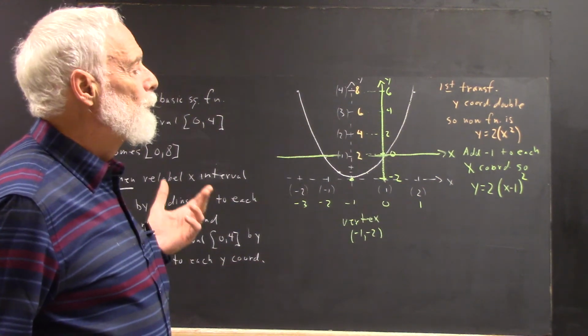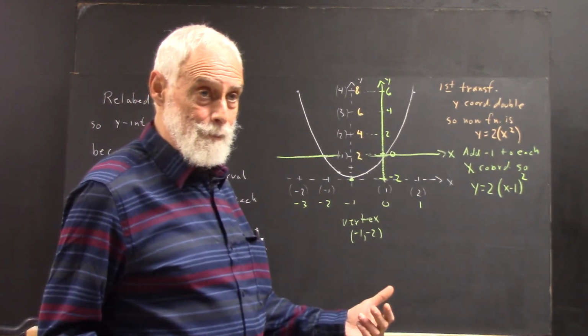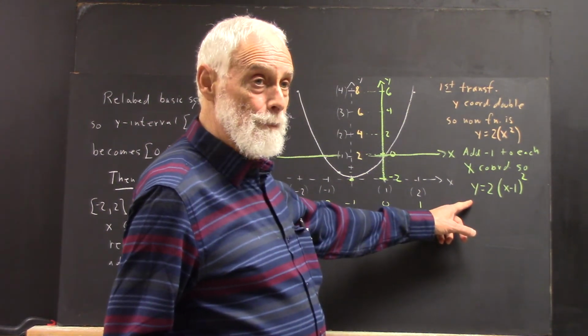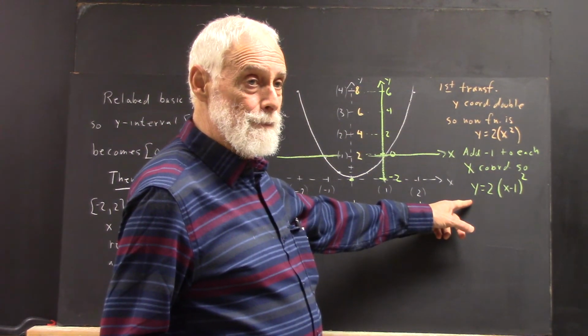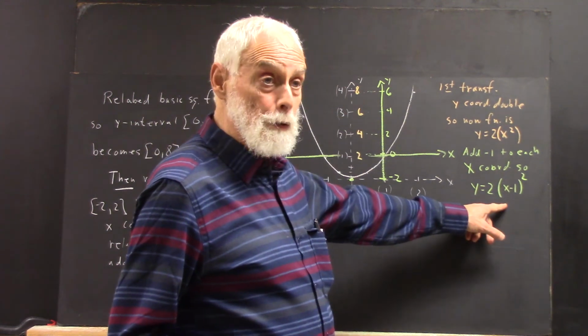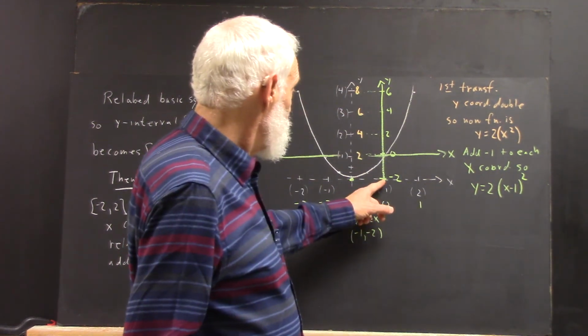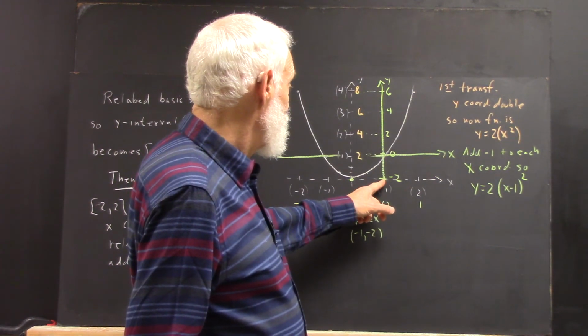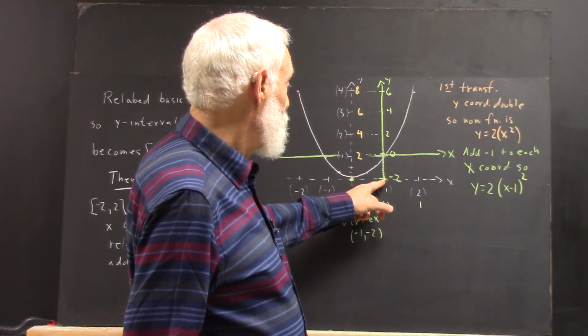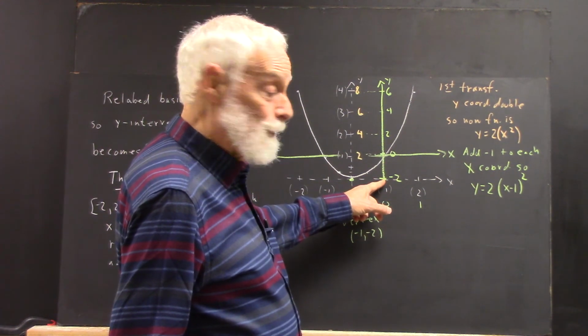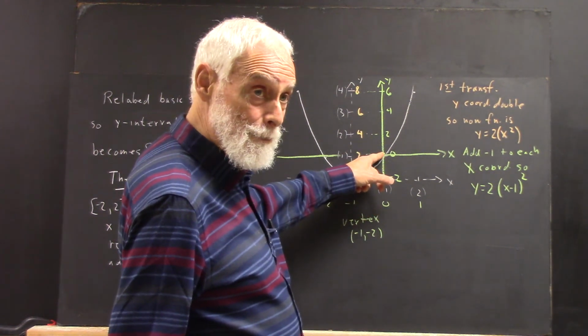If x equals 1, what's your y value going to be? Well, it's going to be 0, right? But if x equals 1, your y value isn't 0. If x equals 1, your y value is up here.